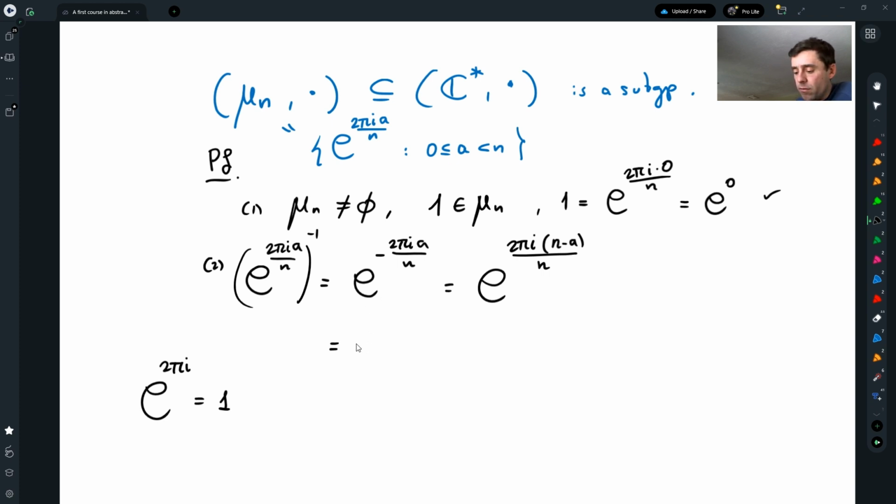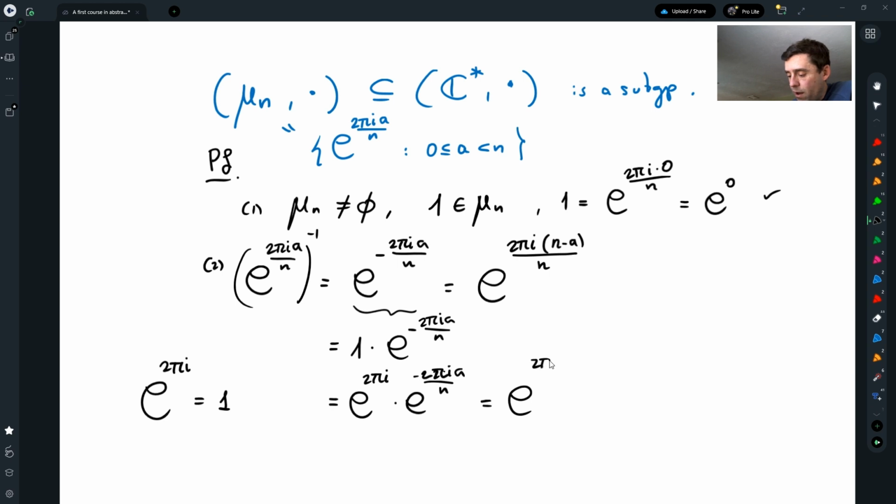So I can write this as 1 times e^(-2 pi i a/n), and then write this as e^(2 pi i) times e^(-2 pi i a/n), and then this is e^(2 pi i n/n) times e^(-2 pi i a/n), which is e^(2 pi i (n-a)/n).